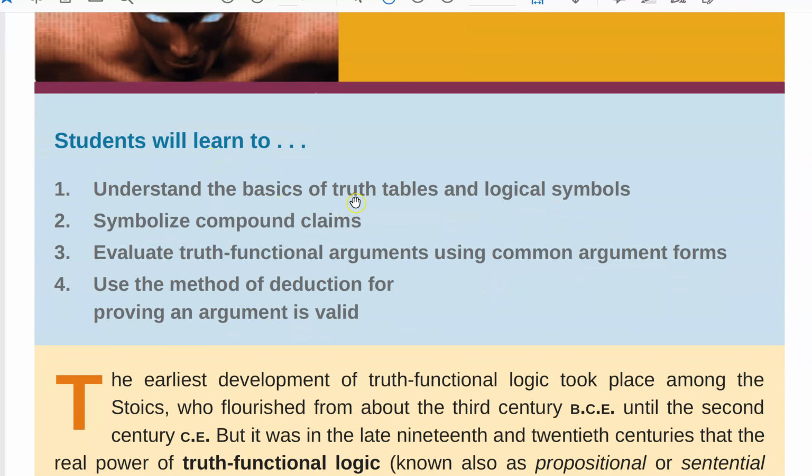So some notes on this. We're going to be learning how to use truth tables and logical symbols. We're going to learn how to symbolize compound claims, and we're going to learn how to evaluate truth functional arguments using common argument forms as well as some uncommon ones. And ultimately, we're going to learn how to use both long and short truth tables for proving an argument is valid.